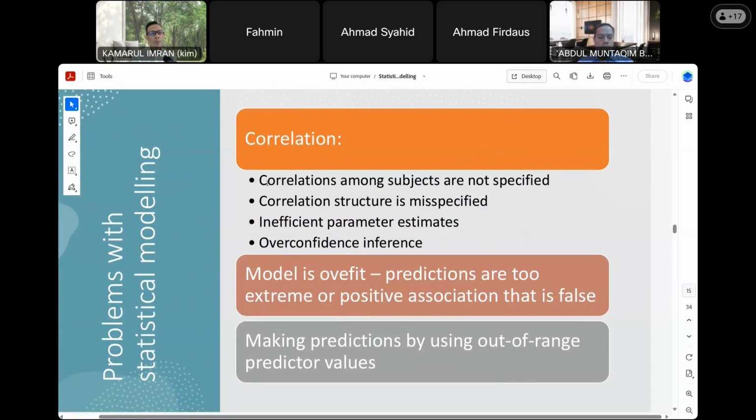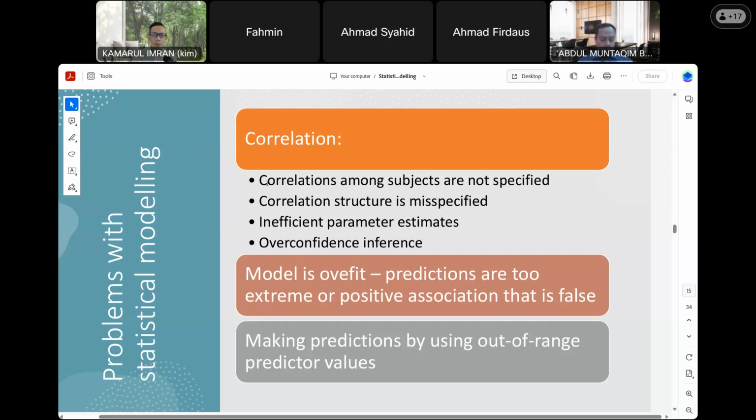For example, if we take data from 20 schools, and from each school you take 100 students, and after that you do linear regression analysis, you know that in linear regression analysis the assumption is independence between observations.